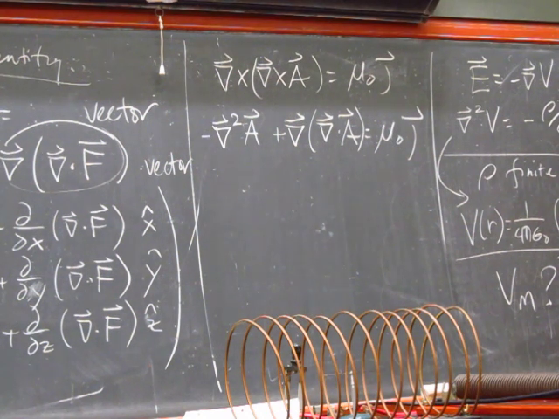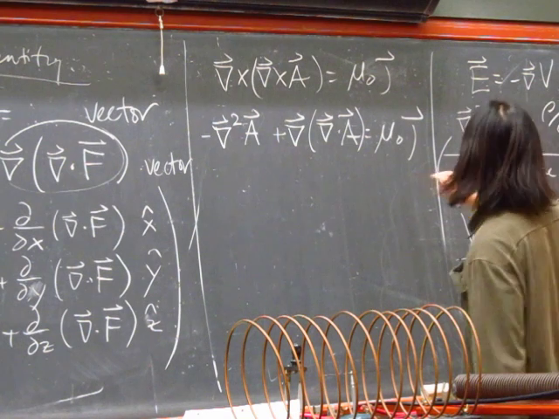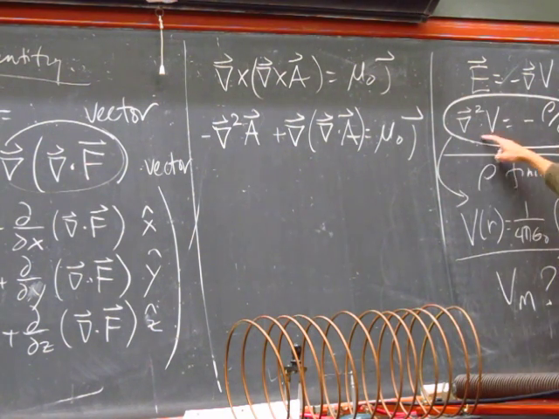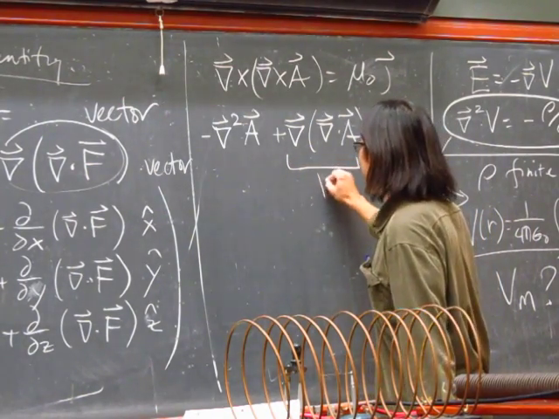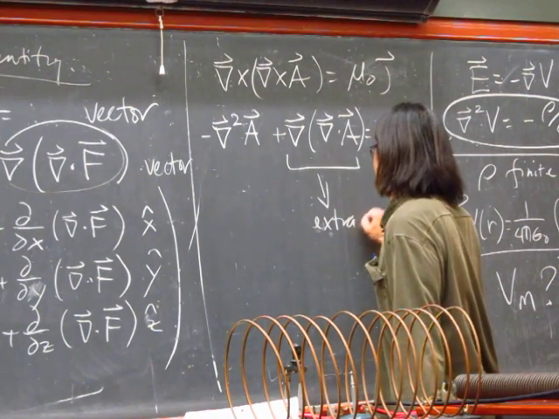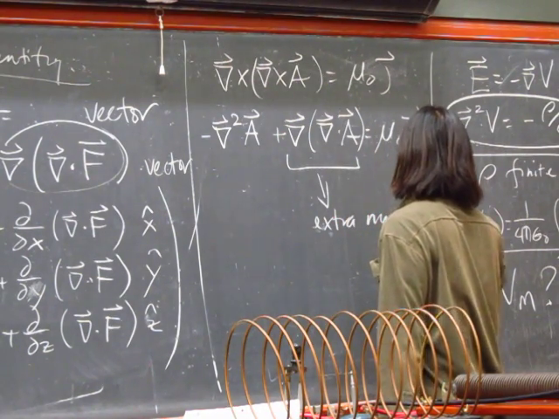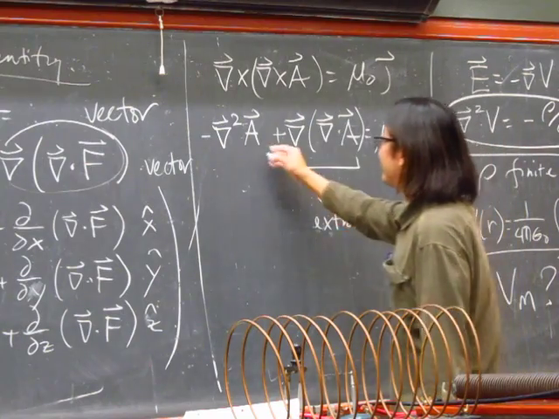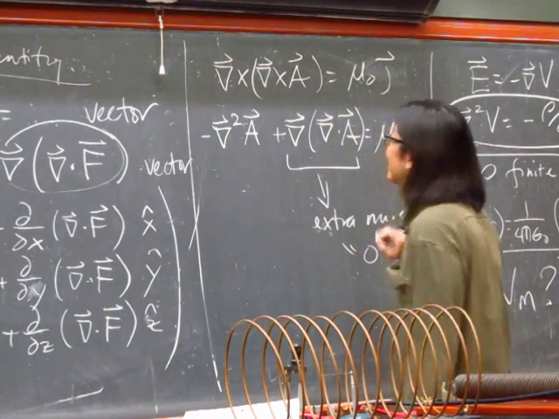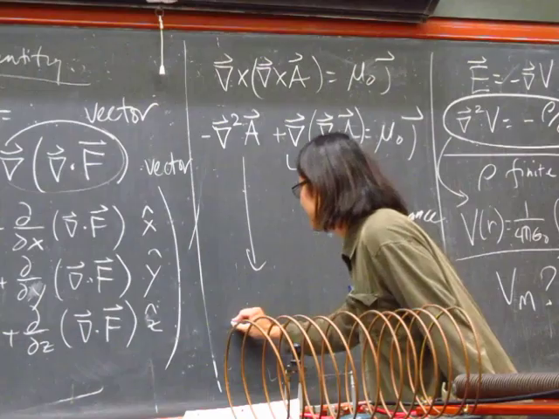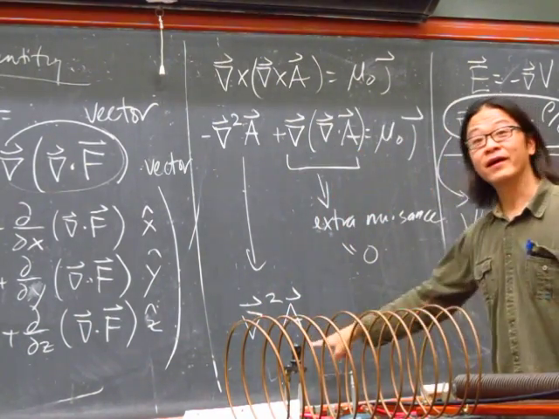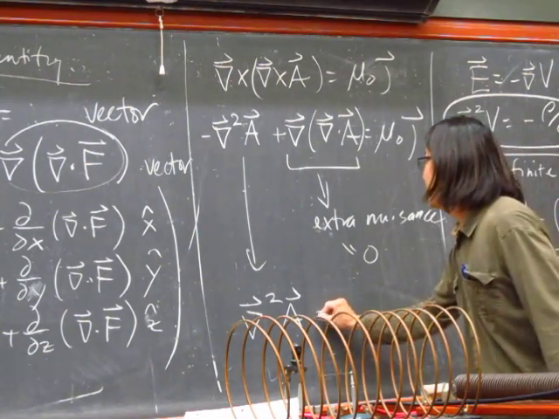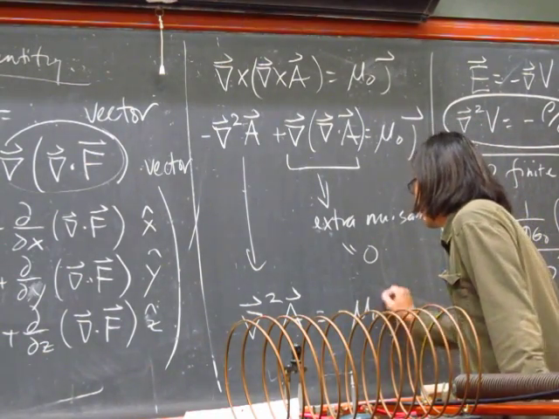Electrostatics gives you the Laplacian of V is minus rho over epsilon naught, except for this extra term that we don't like, a nuisance. Let's pretend this is 0. If it's 0, then what you have is the Laplacian of a vector potential A equal to minus mu naught J.